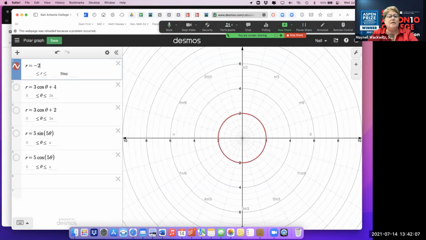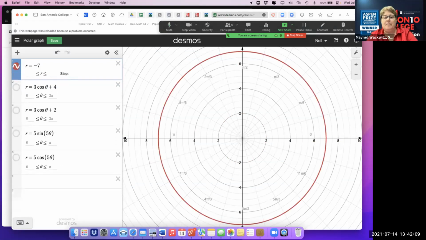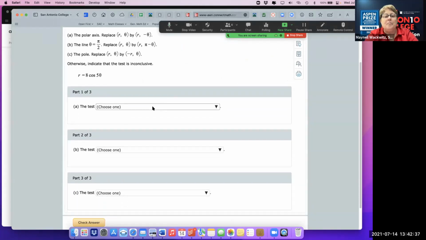Let's look at r equals -7. What do we still get? The same thing, because with r, it's a directional thing. If r is negative, it just means we're going backward. Well, if we go backward on every single angle, we're ending up with the same thing. So that's why a circle is symmetric with respect to everything.